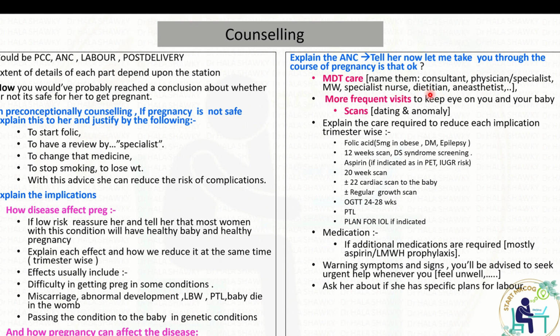Sometimes you need to involve the dietitian. The anesthetist could also be involved during labor care, and the pediatrician also during the labor. Then more frequent visits, with the justification to keep an eye on her and her baby by more scans.